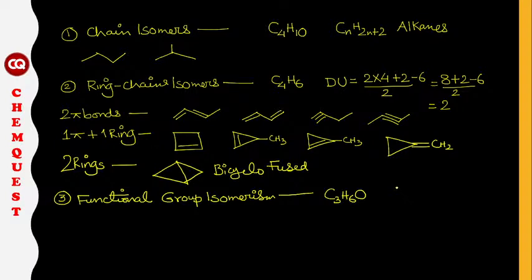C3H6O. The general formula is CnH2nO. Now the structures: the first one is CH3CH2CHO, which is an aldehyde. The next one is CH3COCH3, which is a ketone.